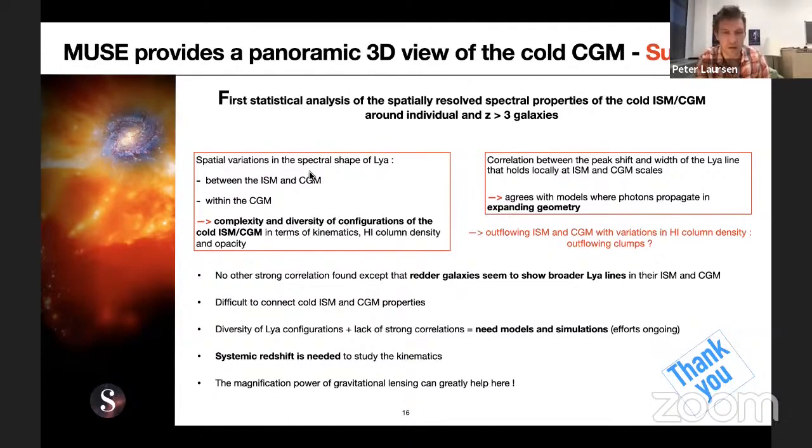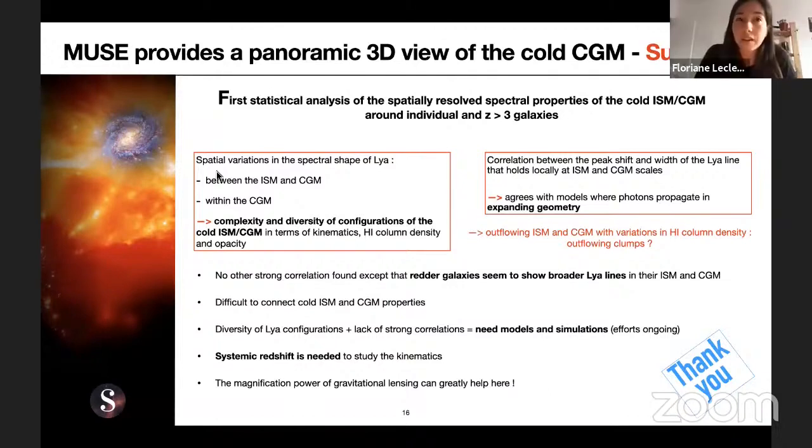I guess there's time for a quick question. How do you define the border between the galaxy and the halo? When you say 65% of the flux is in the halo, how do you observationally define what is halo and what is galaxy?